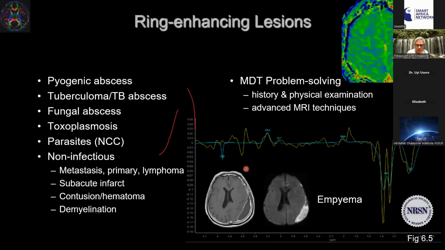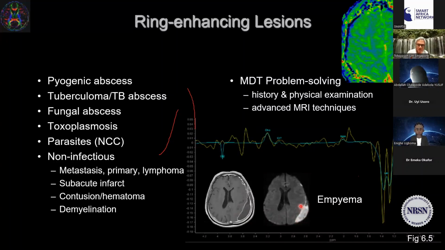A last word about empyemas. This is a patient who has a fluid collection which enhances in a rim-like fashion and a fever. So we thought this was pus, and it was supported by restricted diffusion on diffusion weighted imaging.